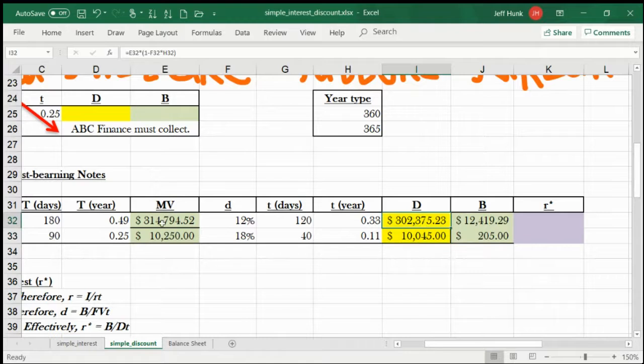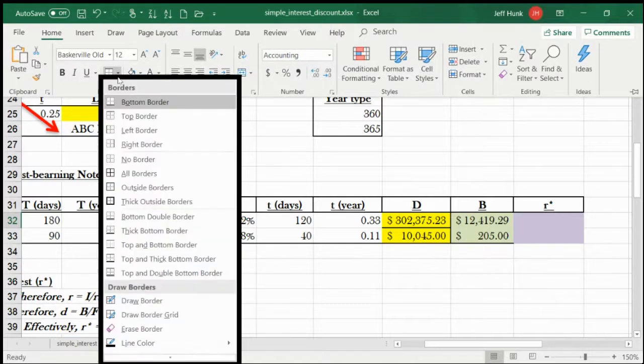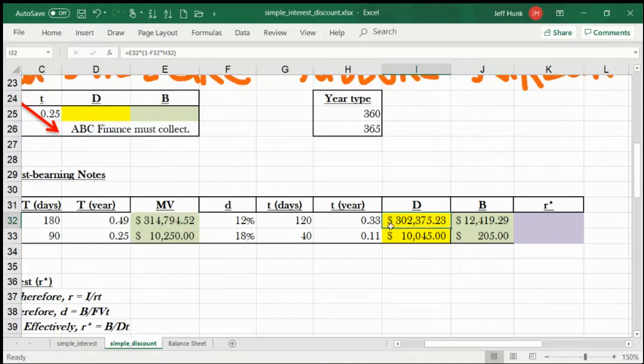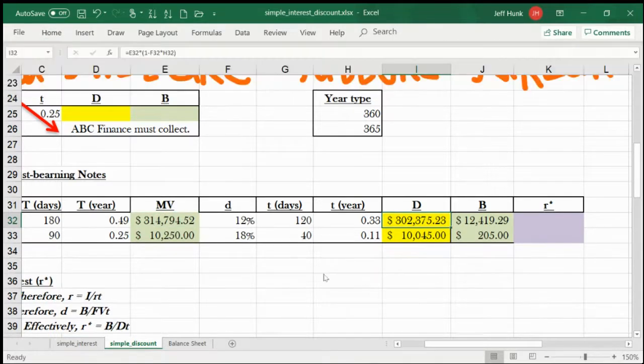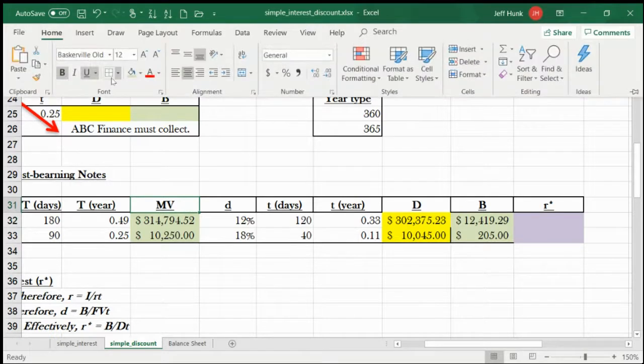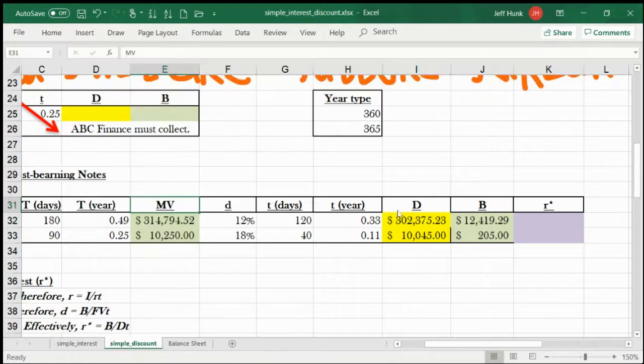And this doesn't look good, so I'm gonna put no border, but then this doesn't look good, so I'm gonna put a thick bottom border.